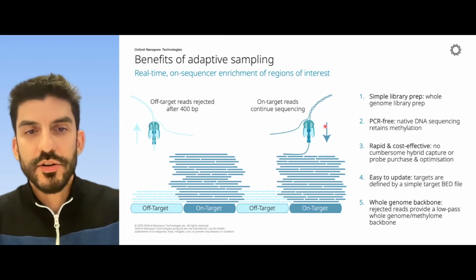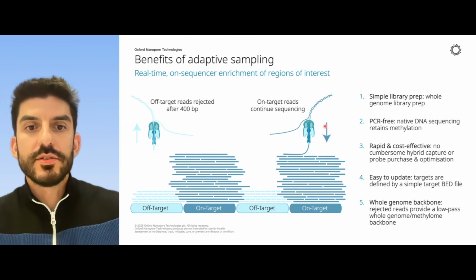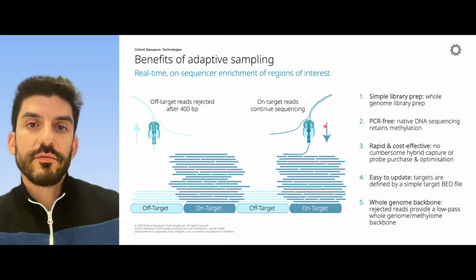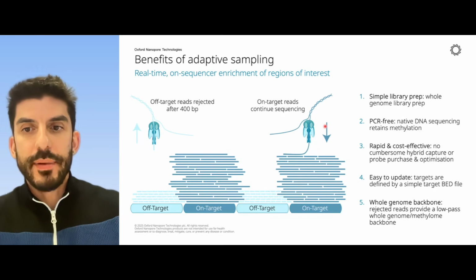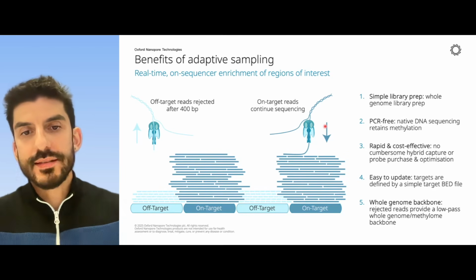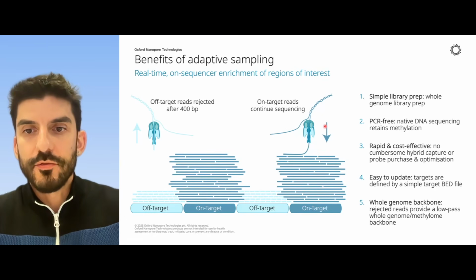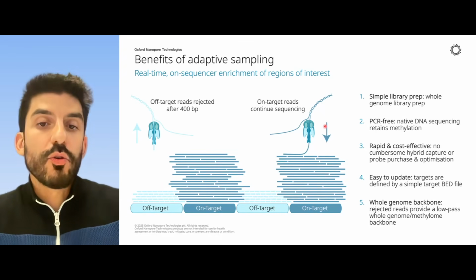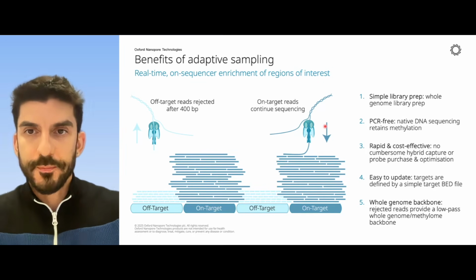As you can see from the picture, we're going to end up getting a lot more longer reads on our on-target regions, but we will still also get very short reads on our off-target. This will provide us a backbone of low-pass sequencing on all our off-target regions, and this can be very useful for CNV analysis or for creating a methylome backbone of the whole complete genome at no cost to your on-target enrichment sequencing.